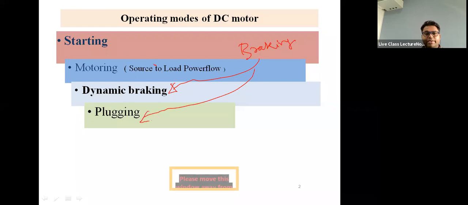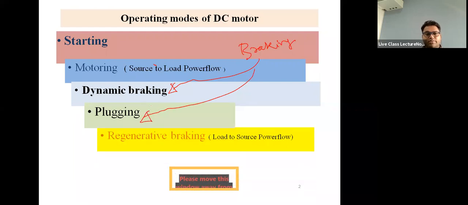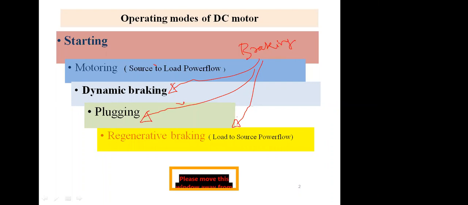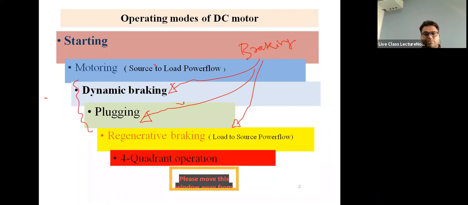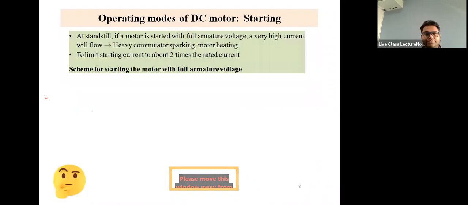Second one is plugging action. Finally, we have regenerative braking, which everyone is aware of right now, right? Everyone knows this term. Whatever you don't know is only dynamic braking and plugging. And this four quadrant operation, we will also see it.